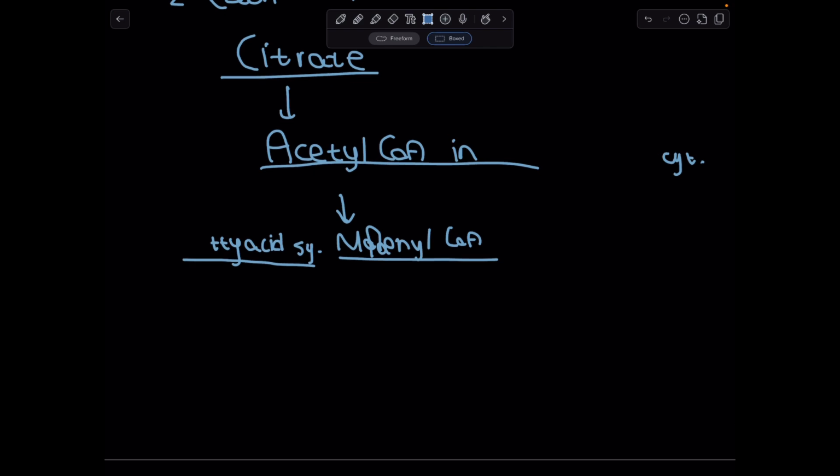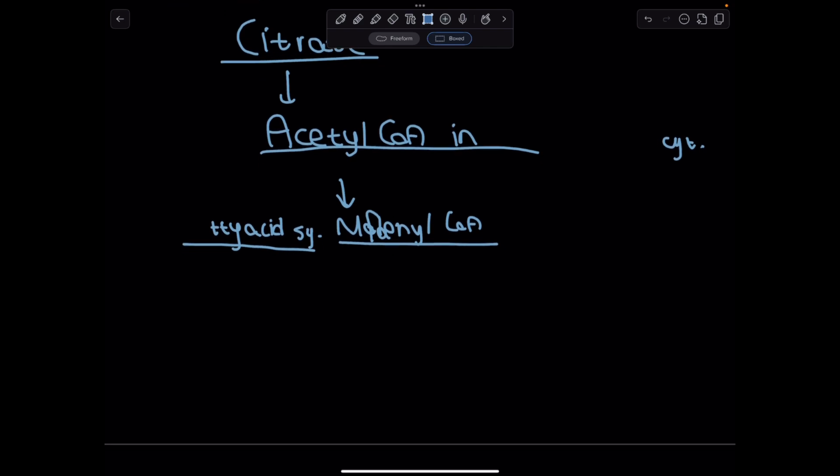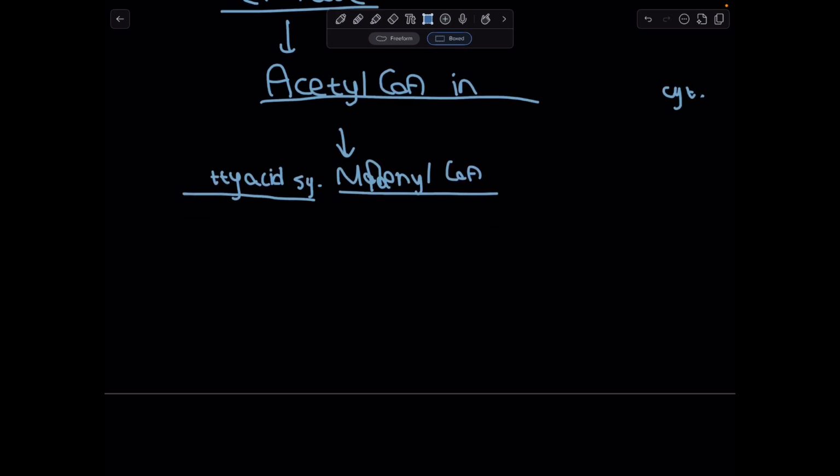Okay, let's talk about the control of fatty acid synthesis. So we have a rate limiting step. The control of fatty acid synthesis hinges on the rate-limiting step, which is the conversion of acetyl-CoA to malonyl-CoA by acetyl-CoA carboxylase, ACC, in the cytosol.